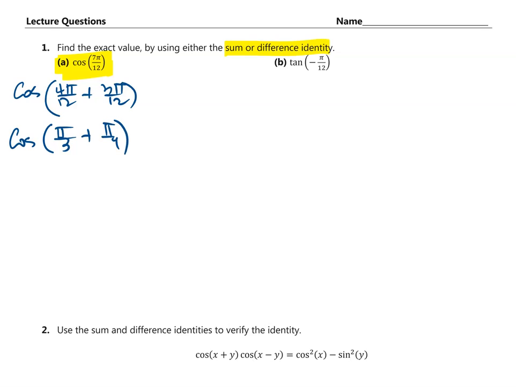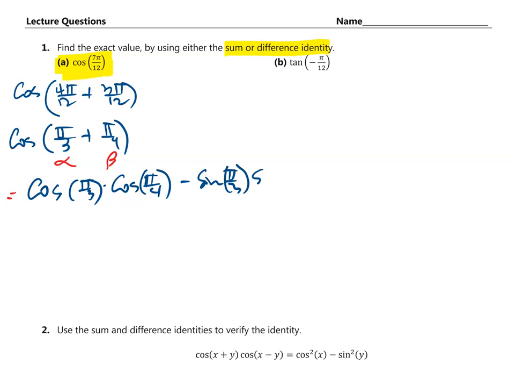So now this is your alpha and this is your beta. Now we can rewrite this as cosine of pi over 3 cosine of pi over 4 minus sine of pi over 3 and sine of pi over 4.